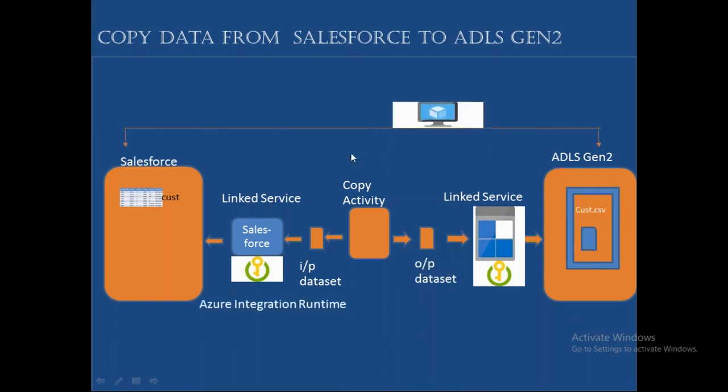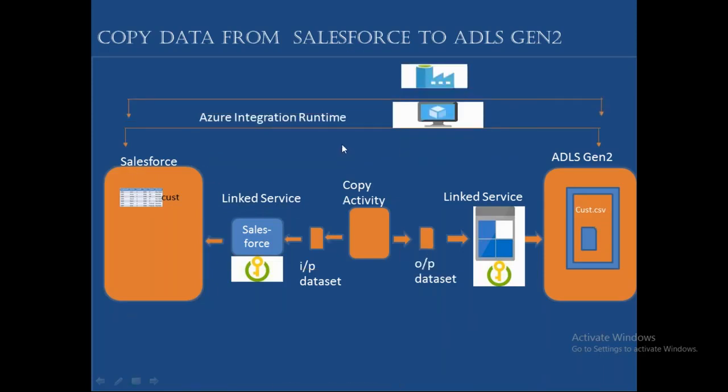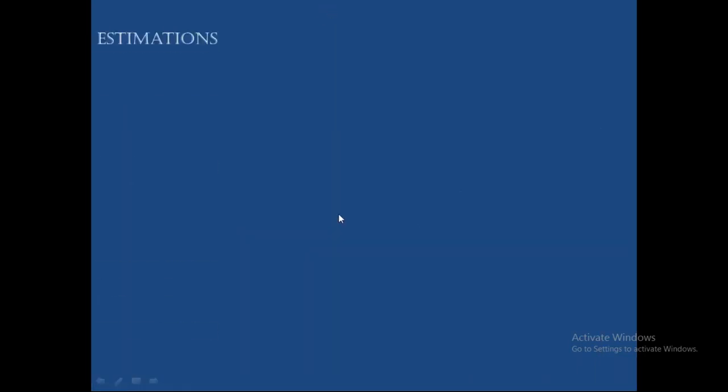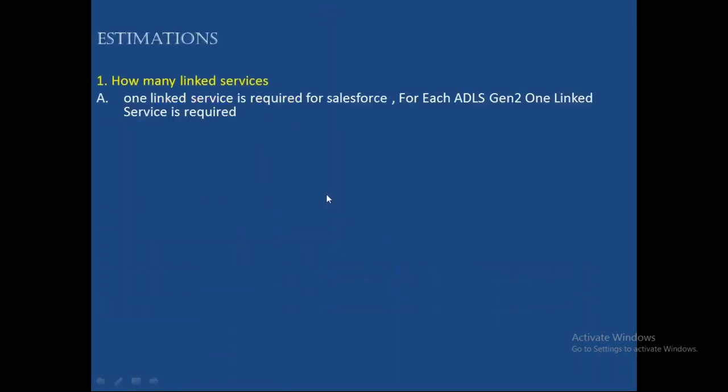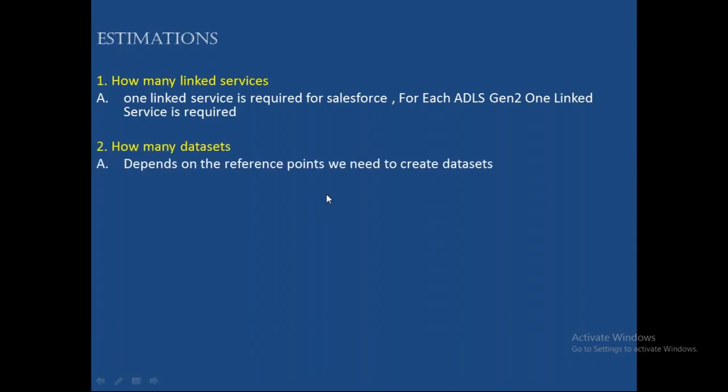The Azure integration runtime is going to do this, but a self-hosted integration runtime can also do it. I hope everybody knows this. Now Azure Data Factory is going to manage all of these things. Estimations: how many linked services do we need? One linked service for Salesforce and one linked service for Data Lake Storage Gen2. How many datasets do we need? It depends on the reference points.